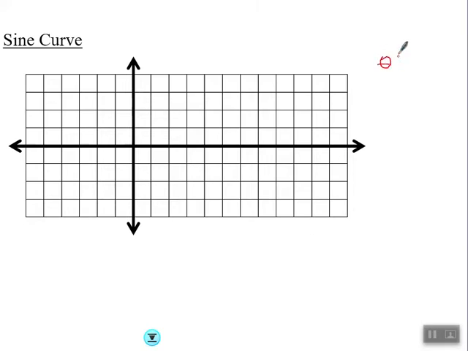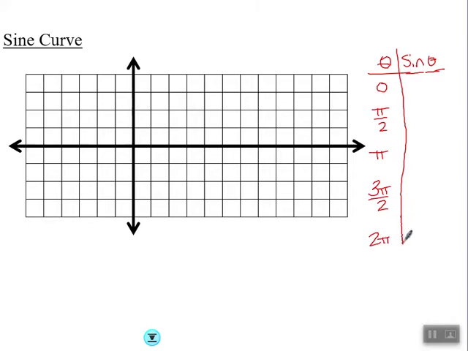So if we have theta and sine of theta, we said on the previous slide that we are going to be using the angles 0, pi over 2, pi, 3 pi over 2, and 2 pi. Remember that sine is the y value for the coordinates of these angles. So we have 0, 1, 0, negative 1, and 0.